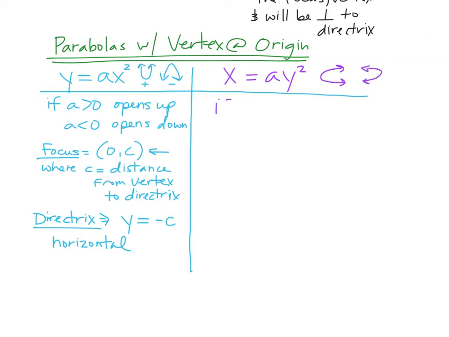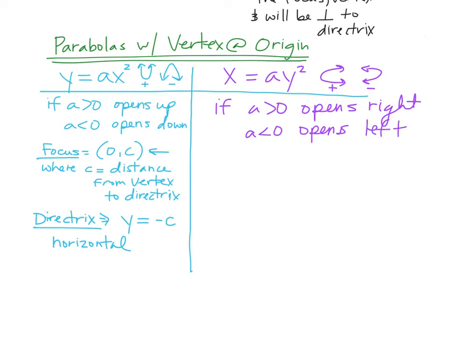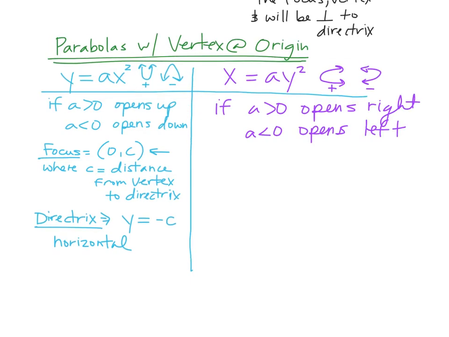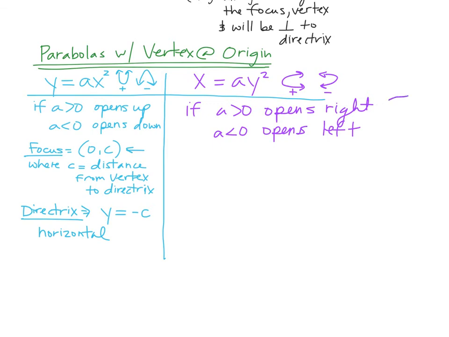So for this one, if a is positive, it's going to open right. Okay, so that's this one, when a is positive. When a is negative, so if a is less than 0, it's going to open left. Okay, so yeah, just clarifying. Opening to the right looks like this. Opening to the left looks like that.